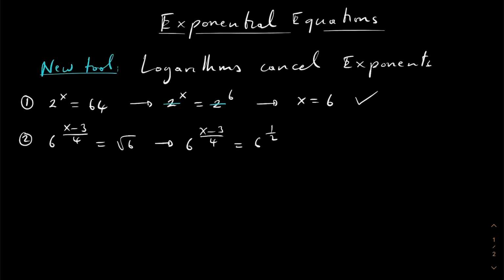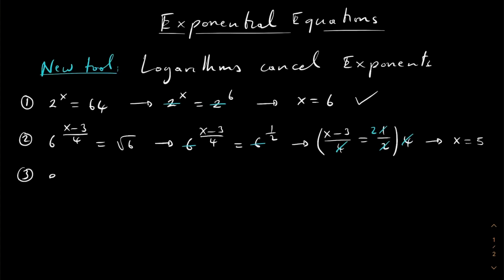And then I'm going to cancel out the 6, or if you wish, I'm going to put log base 6 on both sides so that I would cancel the exponents, and I'm going to get (x minus 3) divided by 4 equals 1/2. And of course, to get rid of the denominator here, I'm going to multiply both sides by 4, which is going to give me x minus 3 equals 2, which means that x would equal 5.